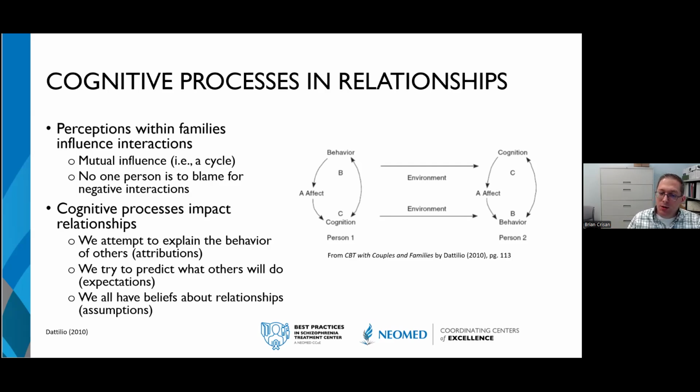Both of those things impact how we relate to people. And then our assumptions, we talk a lot in CBT about assumptions. When people have assumptions about how families are supposed to function, expectations or beliefs about relationships, what it means to have a healthy family, what it means to have an unhealthy family, those also function or operate in the background.